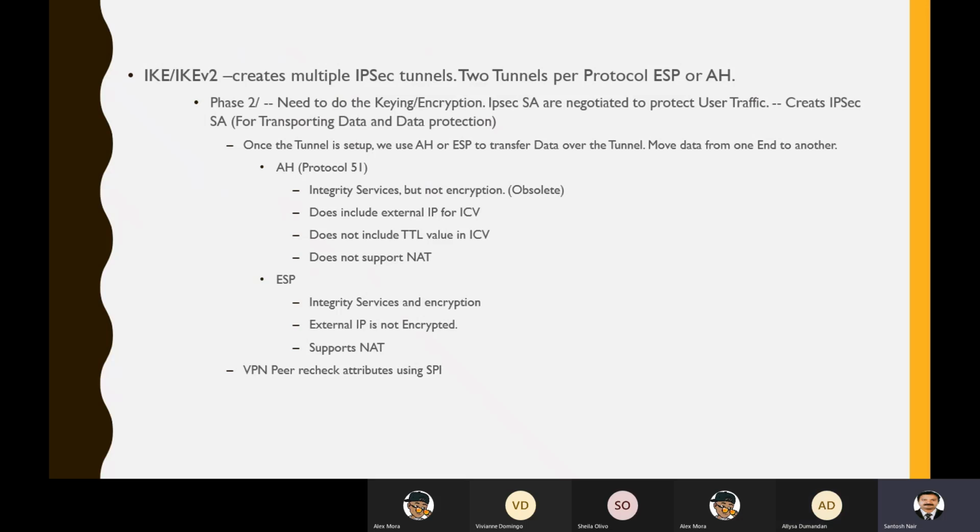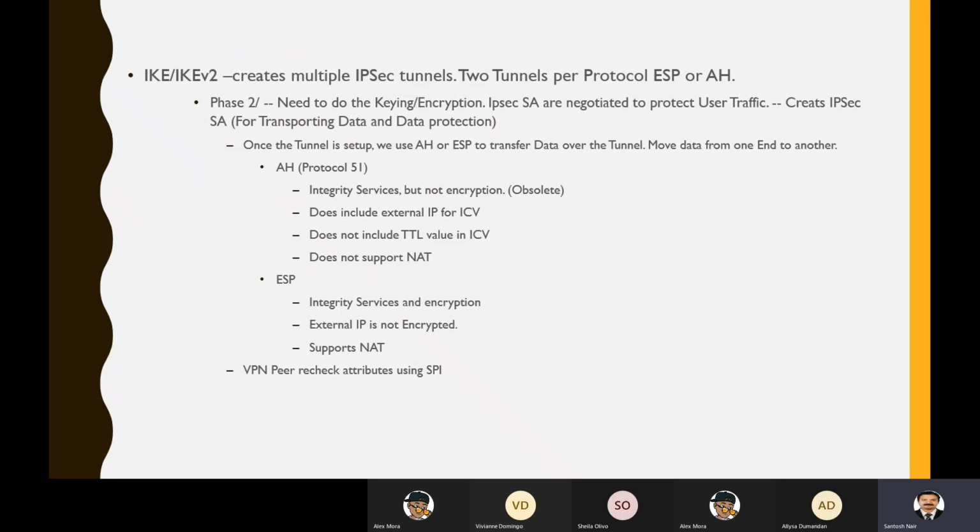Here in phase 2, there will be two tunnels, one for transmit and one for receive. Inside that tunnel only the traffic will be sent, and this tunnel itself is again encrypted. We will be using ESP or AH for forming this tunnel. So it is very secure, and we are saying VPNs are very secure.